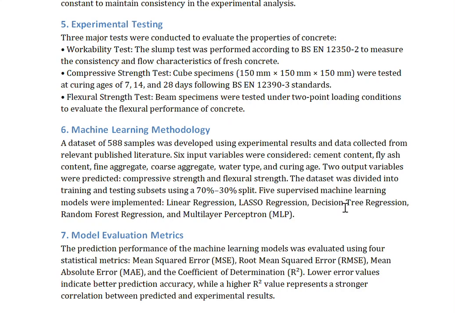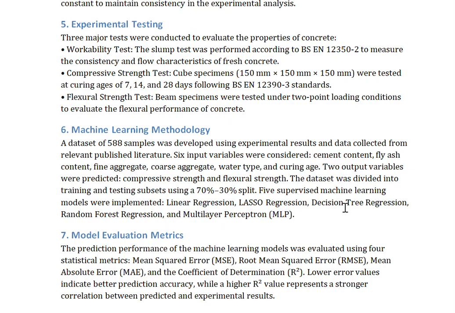The dataset was divided into training and testing subsets using a 70% and 30% split. 5 supervised machine learning models were implemented: linear regression, lasso regression, decision tree regression, random forest, and the multi-layer perceptron.